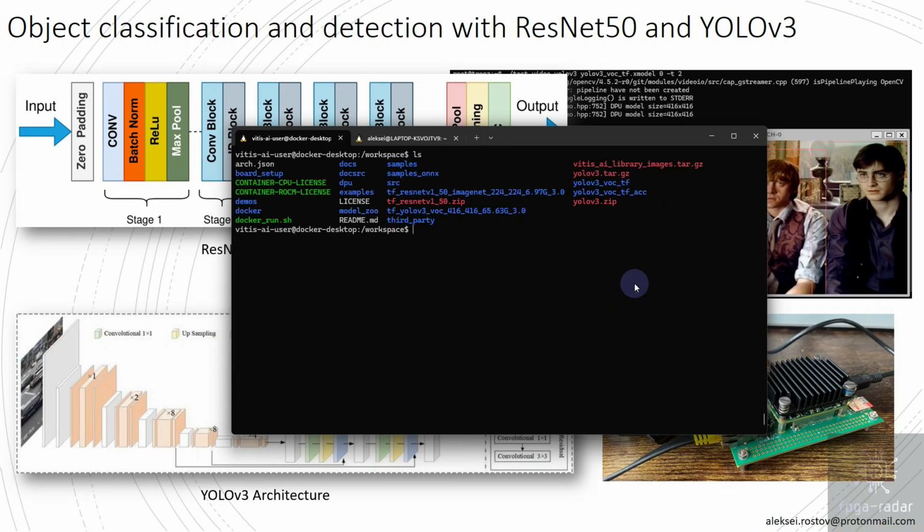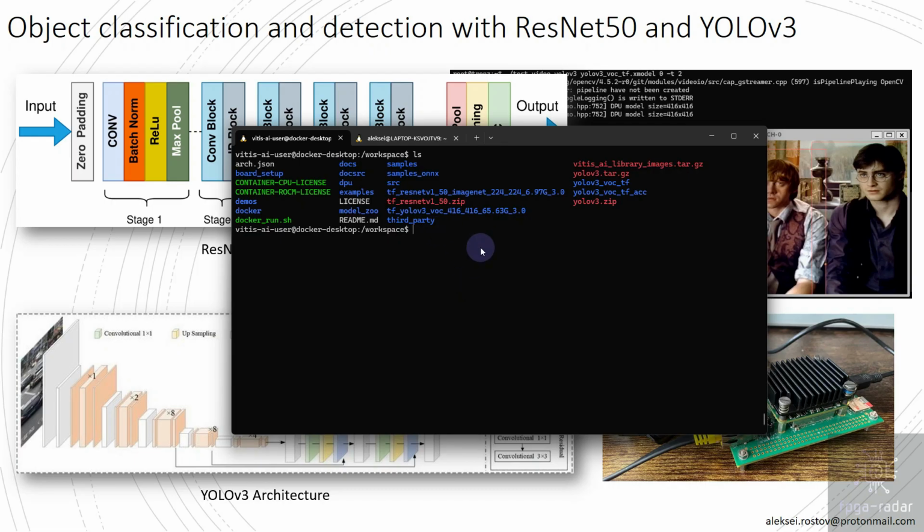So what do we have here currently? Here I have again the precompiled model for my TensorFlow YOLOv3, the compiled model, the quantized model, and two compiled models. Besides that, here I have two new folders, samples and samples links, that I will use for model examples.